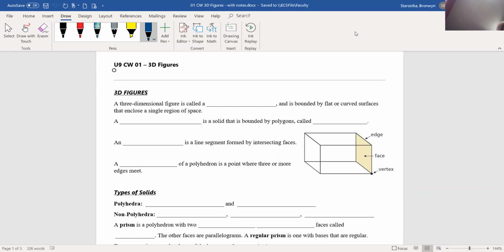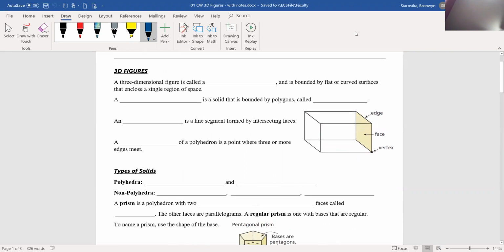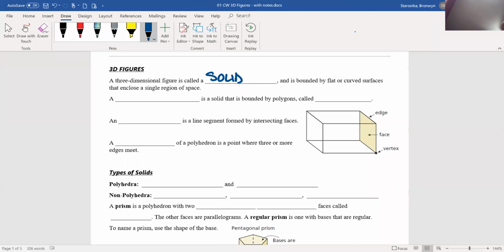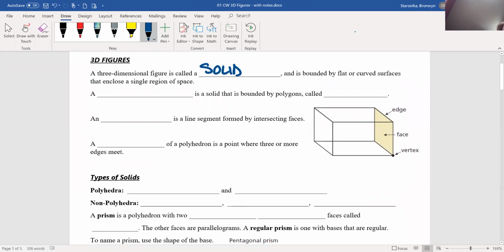So here we go. A three-dimensional figure we call a solid. And a solid is bounded by flat or curved surfaces that enclose a single region of space. A polyhedron, plural polyhedra, is a solid that's bounded by polygons called faces.